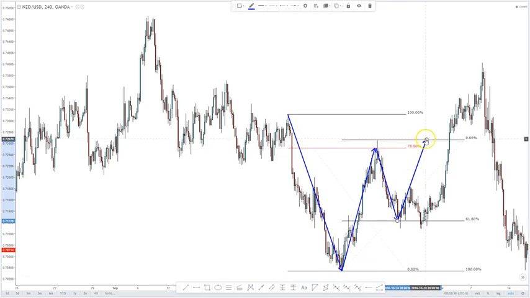We're expecting that X point to break. We're going to see how far it's going to break. Start measuring it out for our butterfly. ABA, what do we say about ABA for the butterfly? 1.618 or 2.24. So let me do it.